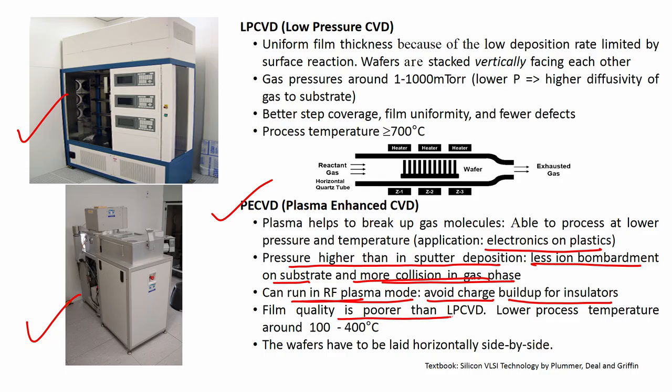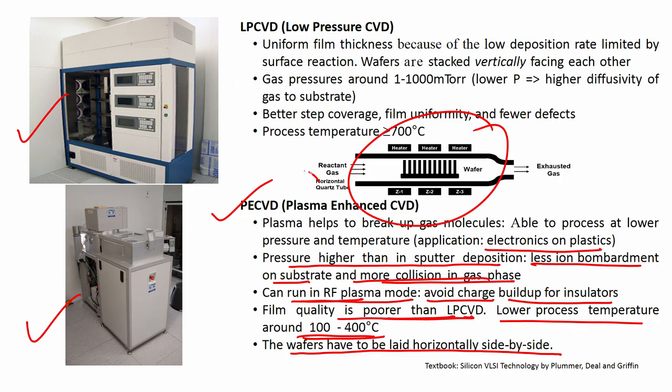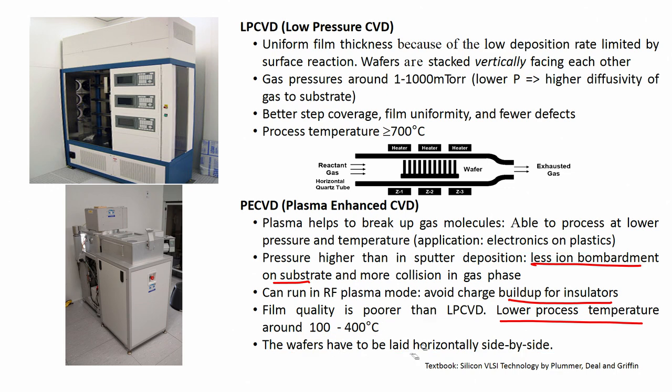Film quality is poorer than LPCVD, but the temperature is low. The wafers have to be laid down horizontally side by side. So, in LPCVD you load the wafers vertically, and in PECVD you load the wafers horizontally, alright.